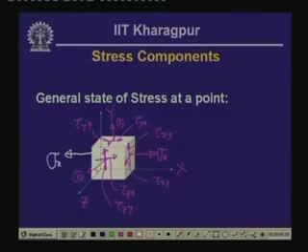The face will have the shearing stress components, this being the x plane. So, in the opposite direction of y, we will have the shearing stress, which is tau xy. In the x plane in the z direction, but opposite to the positive z axis, we will have tau xz. So, this is tau xy and this is tau xz.